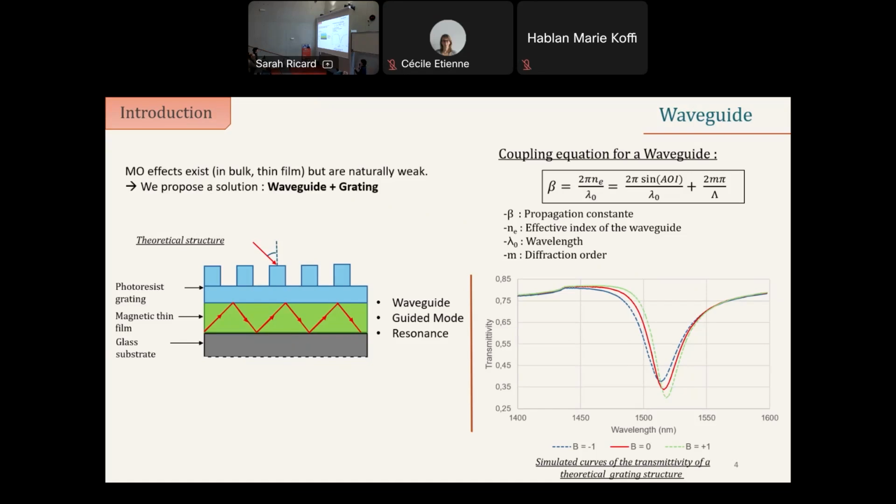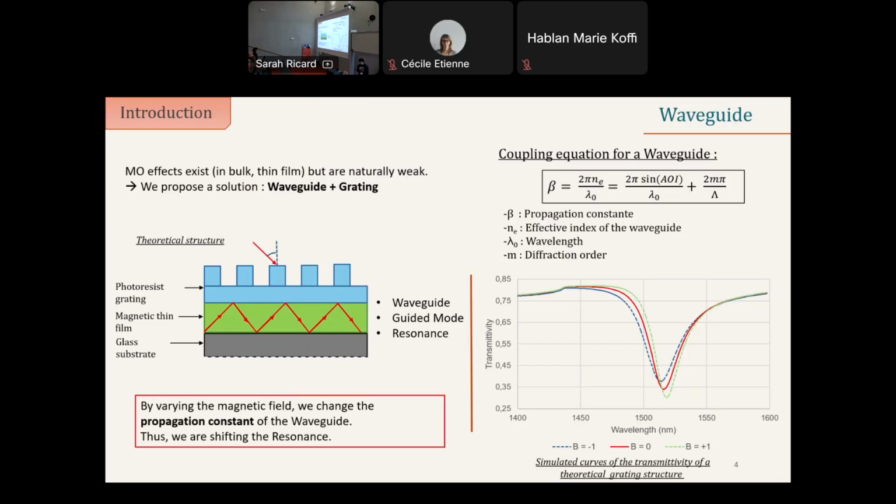By adding a magnetic field, we change the permittivity tensor of our magneto-optic material, as I explained before, and this changes the coupling equation, most particularly the propagation constant of the waveguide. This effect shifts the resonance, as we can see in the graph. So it's interesting to have a way to change the properties of a waveguide by varying the magnetic field, and that's what we will use for this work.